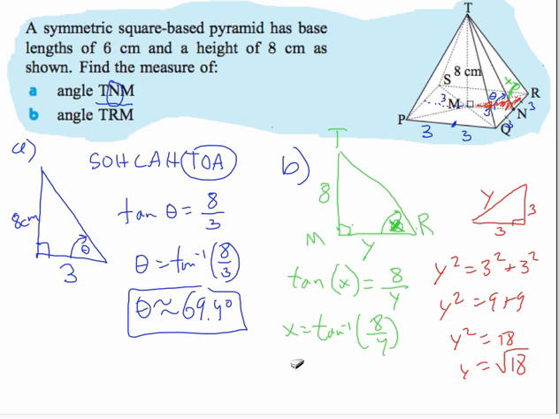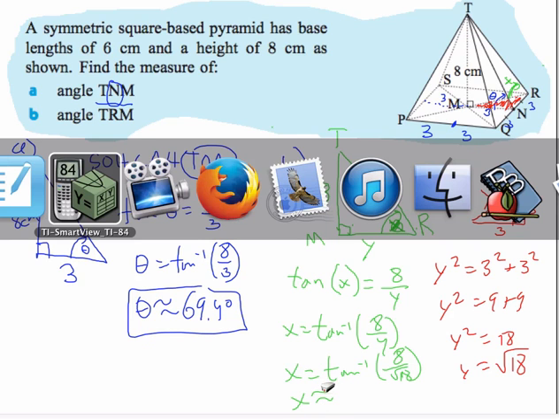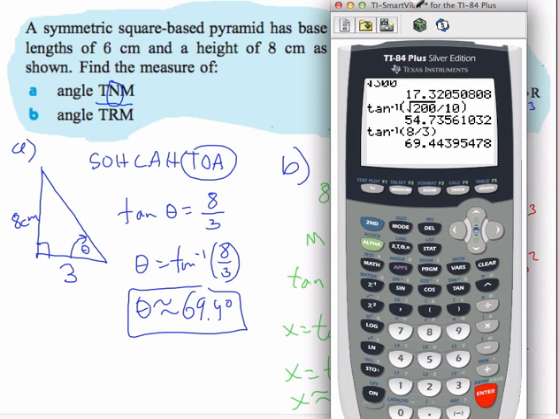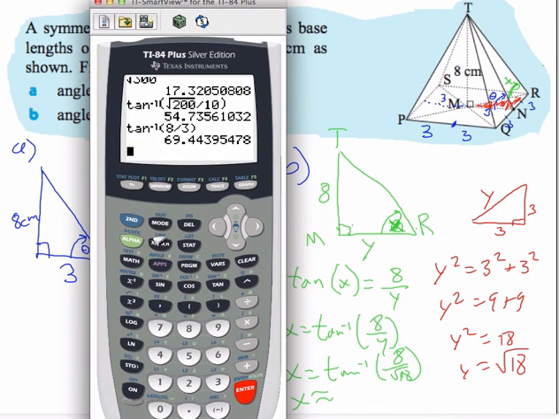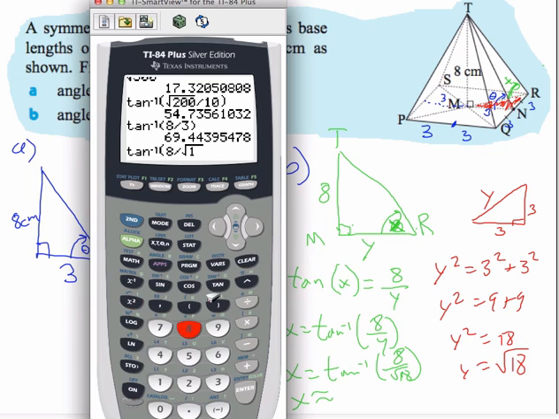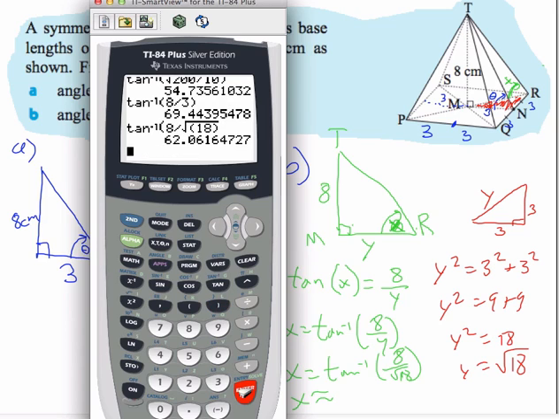And we know y is root 18. So we can put that in and get the answer on our calculator. So we do inverse tan 8 divided by square root 18, and we get 62.1 degrees.